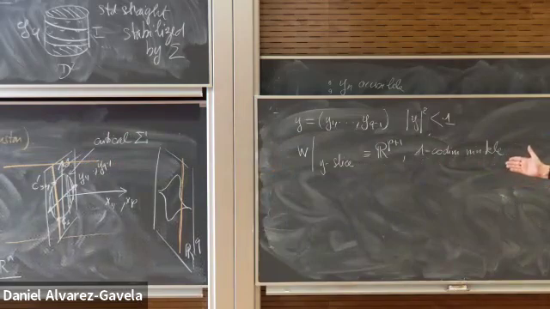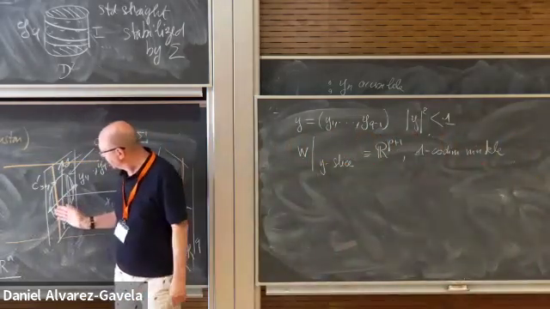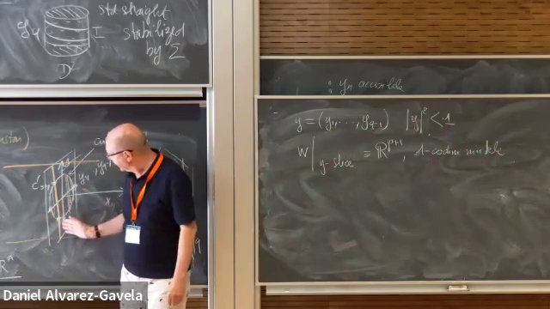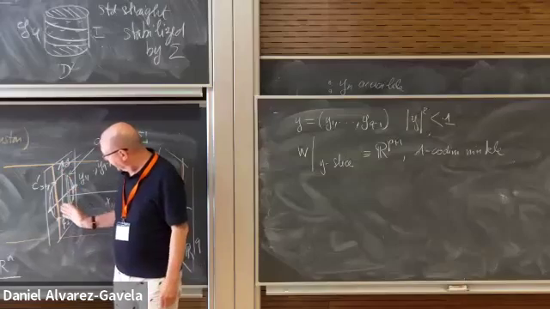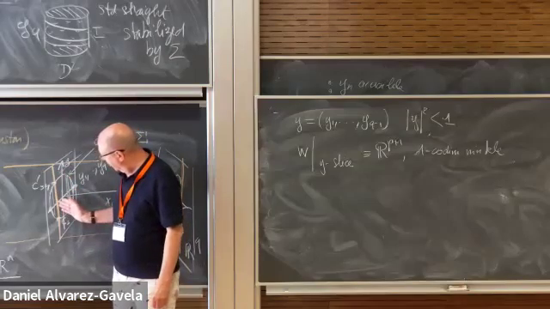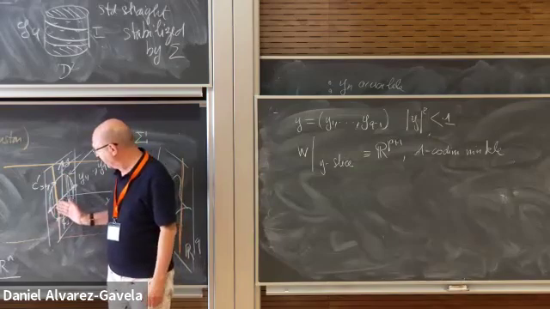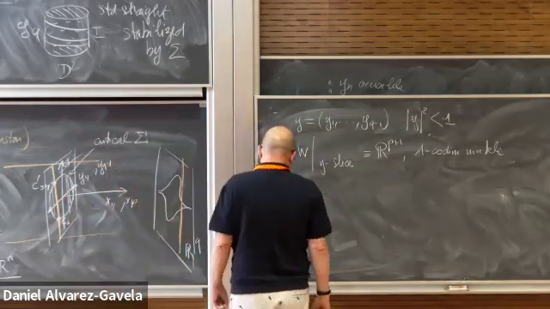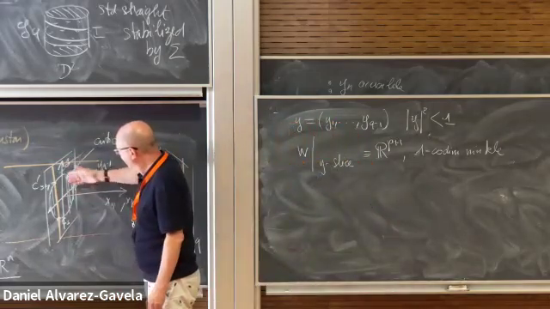It's exactly the tool that we need to make the junction between the constructions for norm of y less than 1 and between norm of y less than 1 and norm of y a little more than 1.